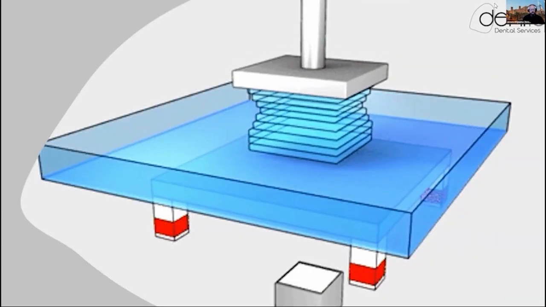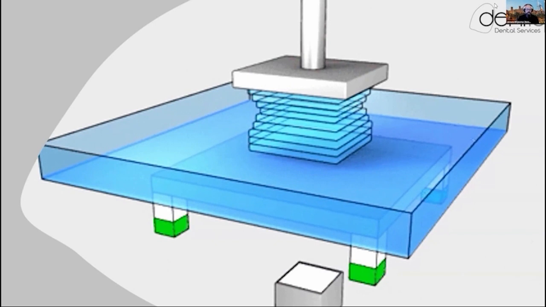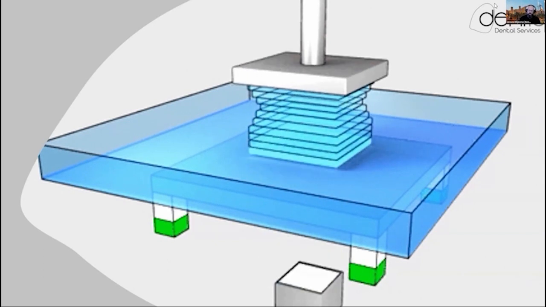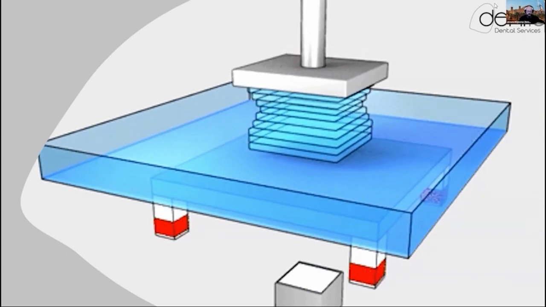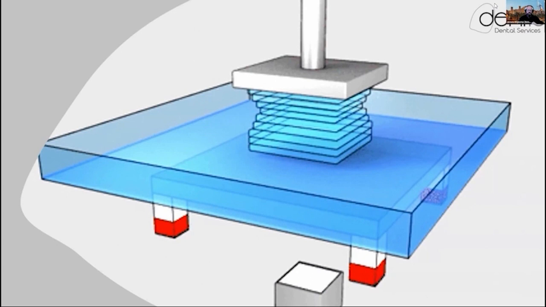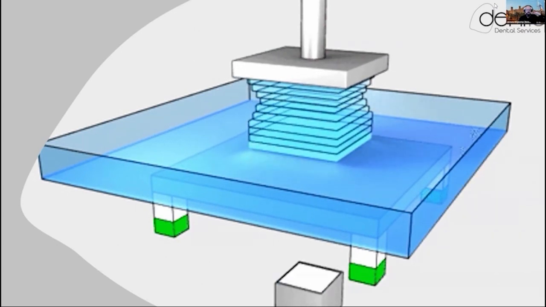So like I said, we're building layer upon layer. So what's happening? We have a tank of liquid, and that reacts with UV light. We have a platform that goes down until we have a thin layer of liquid underneath, a light goes on, light goes off. It pulls it up, and it should stick to the platform.